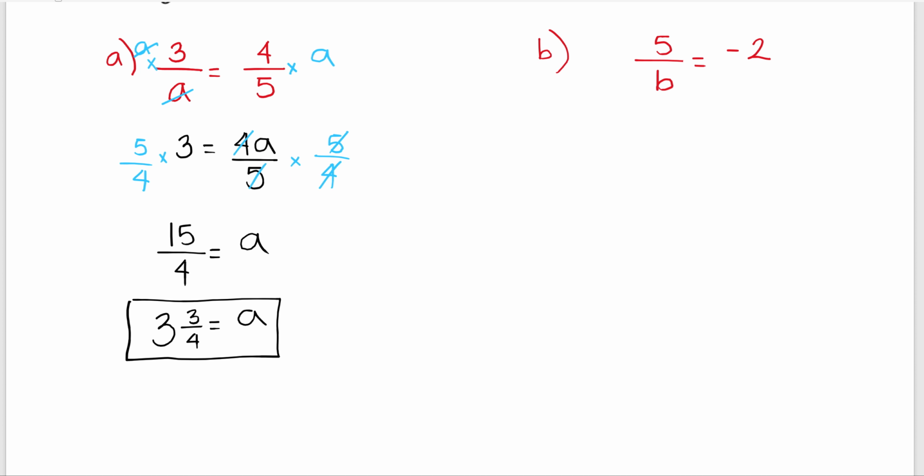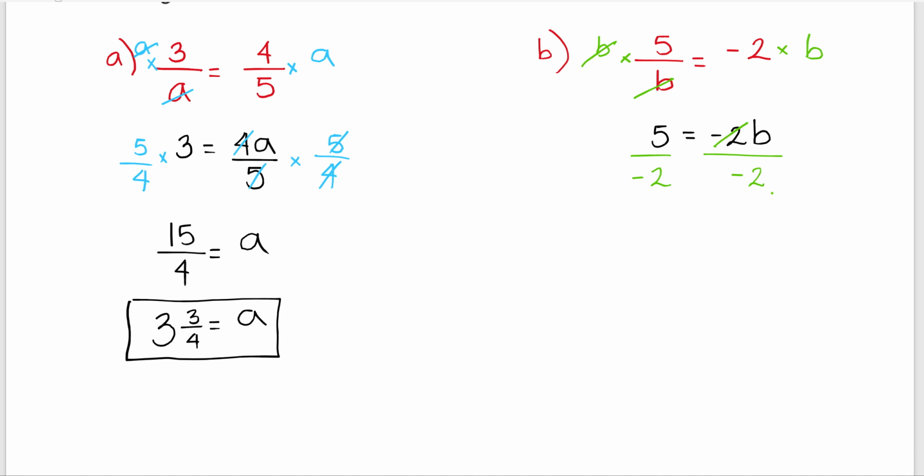Okay, so I'm going to times by b both sides. When I do that, I cancel this up, and then I have 5 is equal to -2b, and then I'm going to divide both sides by -2 and -2.